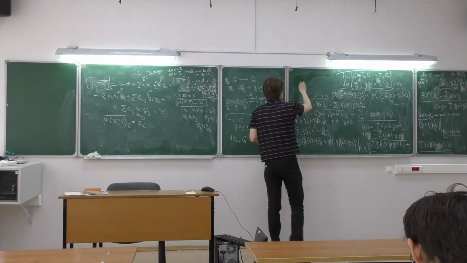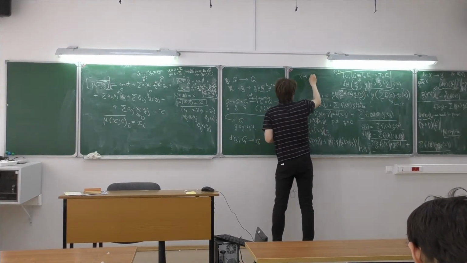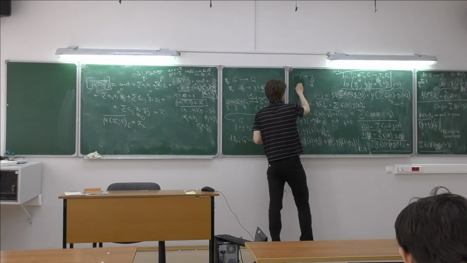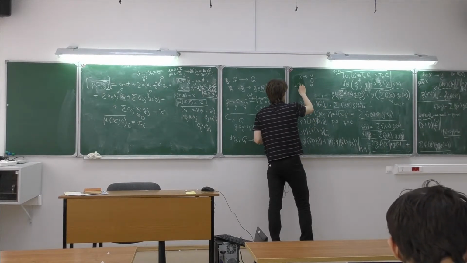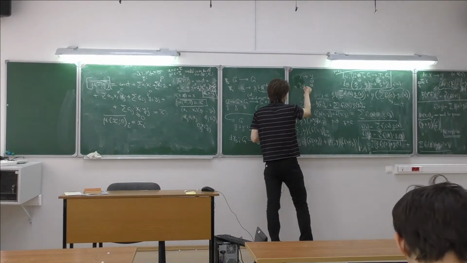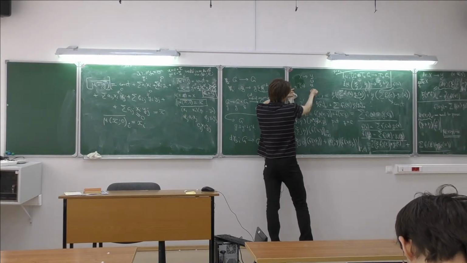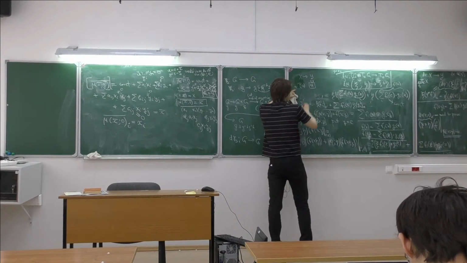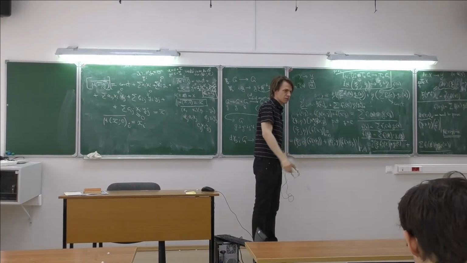So you are taking X and Y here, you are taking an open affine chart and its pre-image, and you are writing everything in terms of this open affine chart.